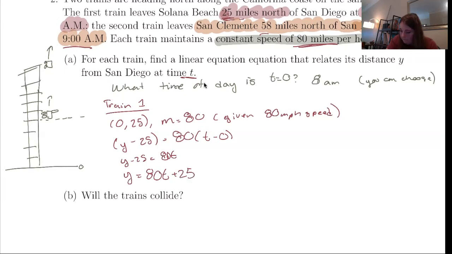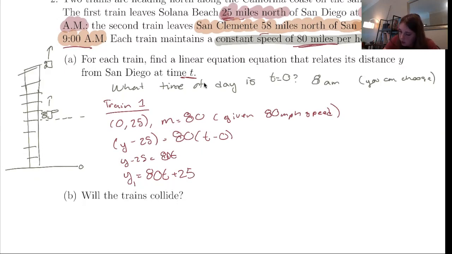Okay? And just for, this is train 1, let's just call this y1. Okay? Is everyone clear of how we got there?